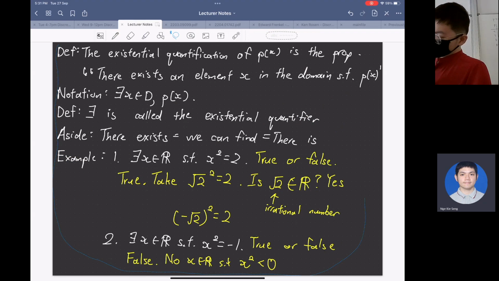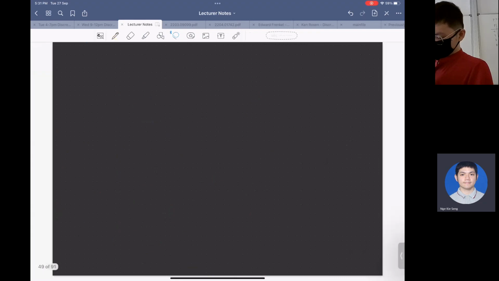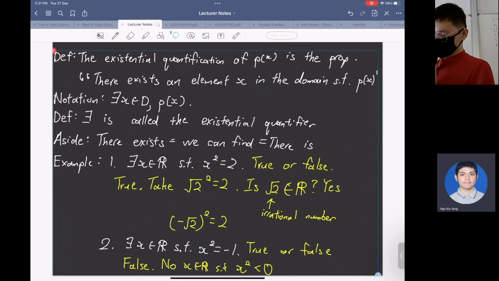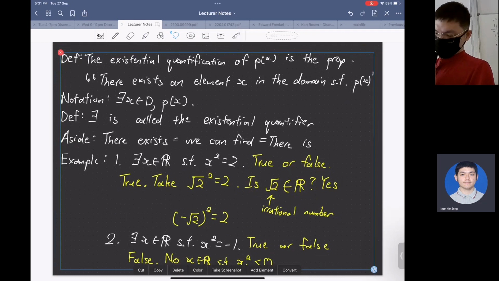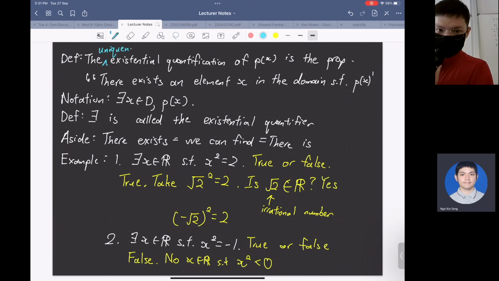So sometimes existence is not enough. Maybe we want a more specific, more detailed one. Maybe there's only one, the unique one. Okay, so we will call this the uniqueness quantifier.